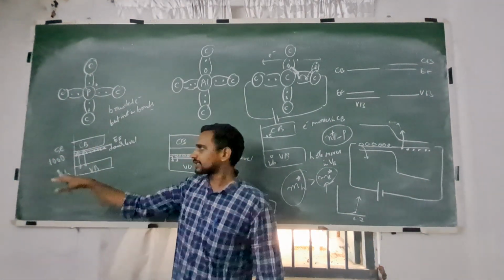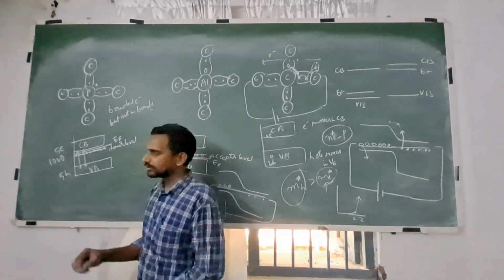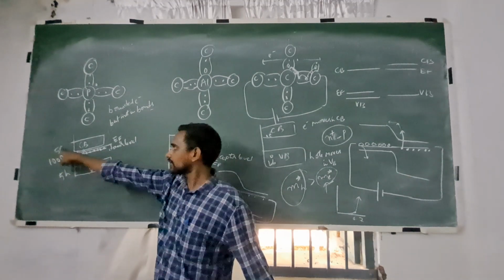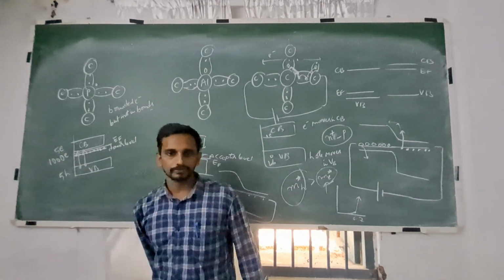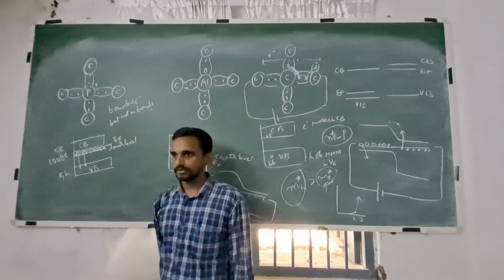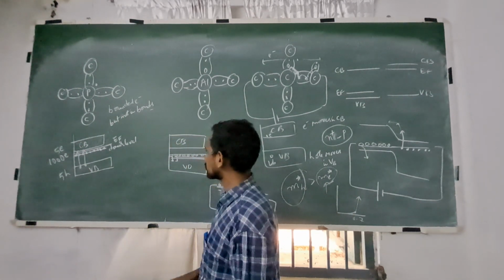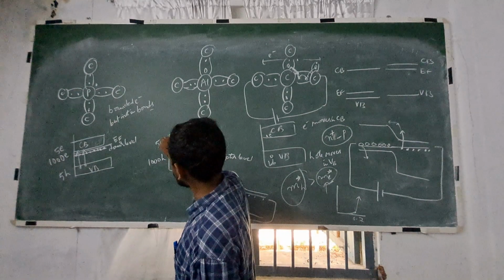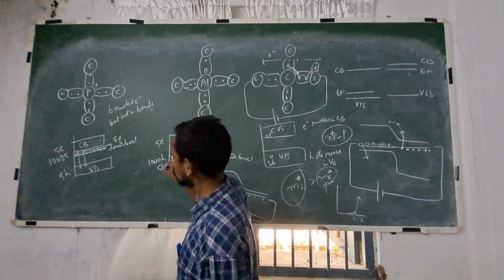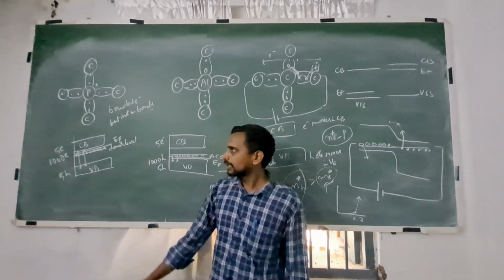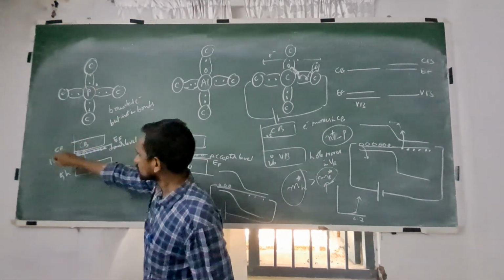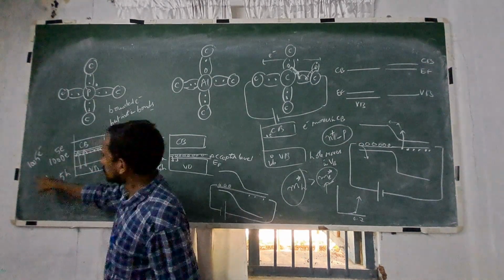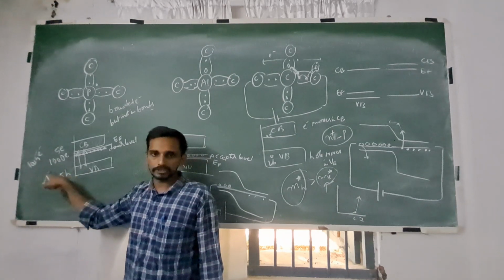So 1000 electrons are readily available from the dopant atoms and 5 electron-hole pairs are generated due to temperature. What about here? I have 1000 holes and then 5 electrons, 5 holes. So total count, I have 1005 electrons and 5 holes.